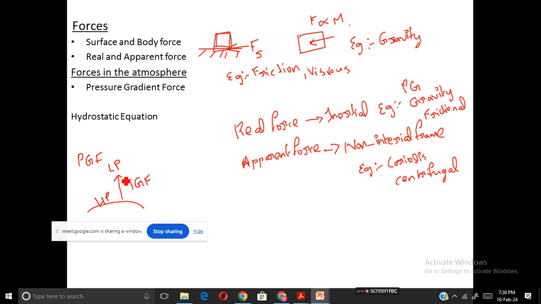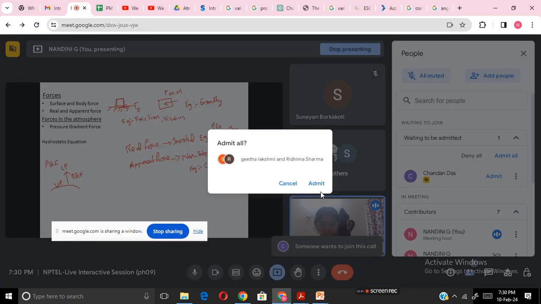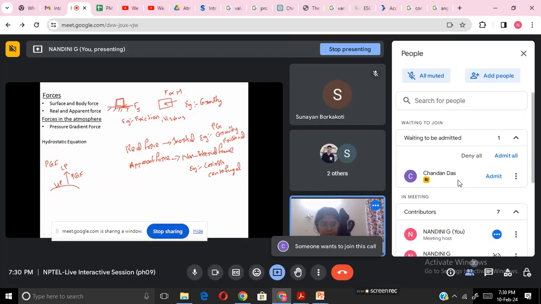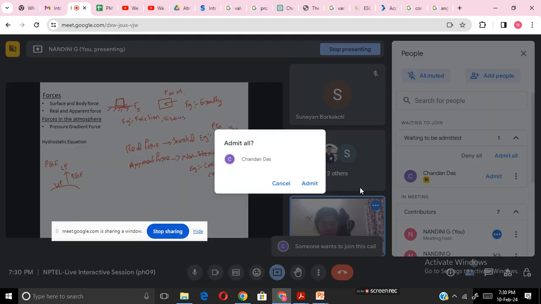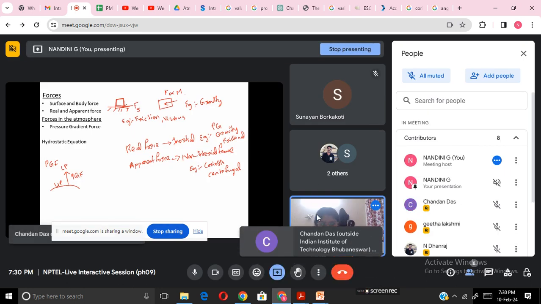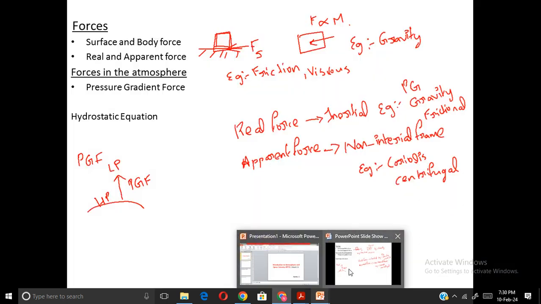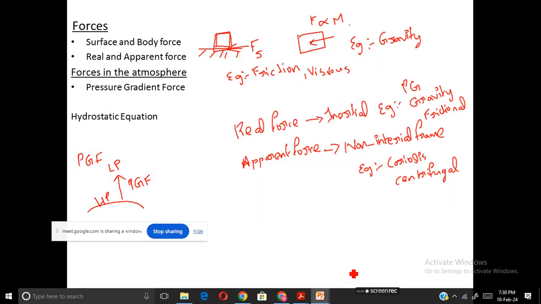This is caused by the pressure gradient, because of the difference in pressure in the atmosphere. At the surface there is a higher pressure and at height there is a lower pressure, so there is a force acting from high to low pressure.